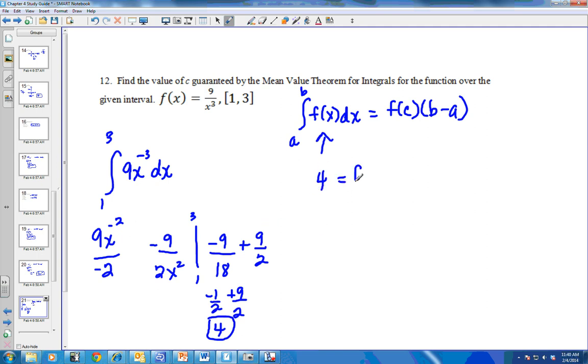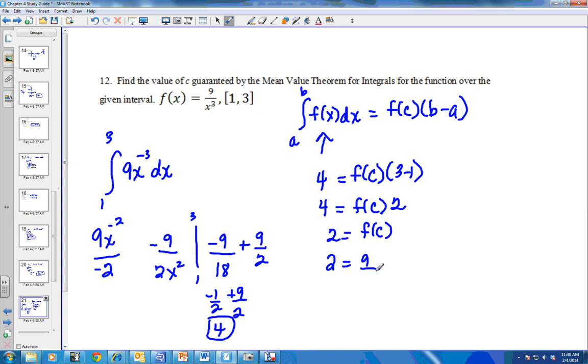Equals f of c times b minus a. So 3 minus 1. So 4 equals f of c times 2. Divide by 2, and f of c equals 2. But what is f of c? It's this right here. So 2 equals, f of c means plug c in here.